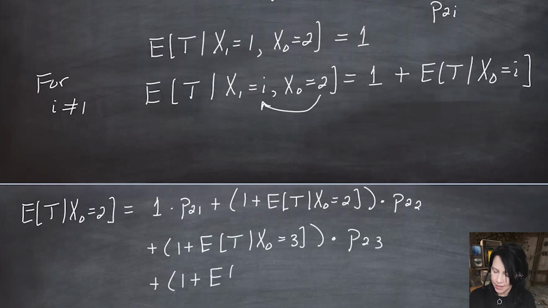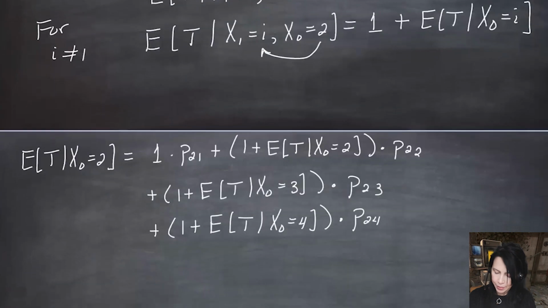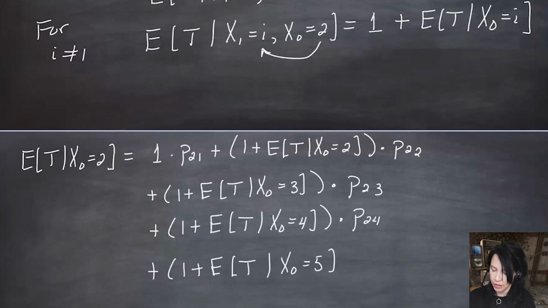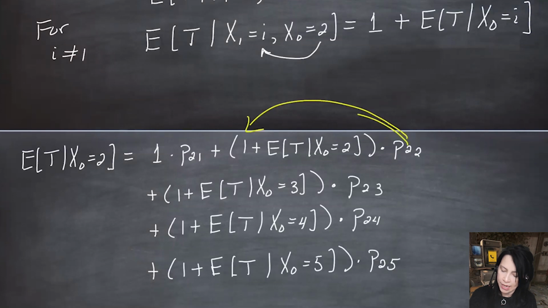Plus 1 plus the expected value of t given x0 is 4 times p to 4 plus 1 plus the expected value of t given x0 is 5 times p to 5. I am going to distribute out those p's, multiply by 1 and multiply by this.